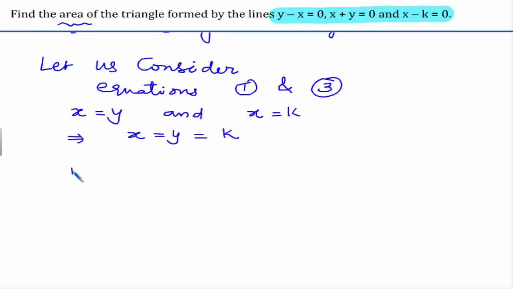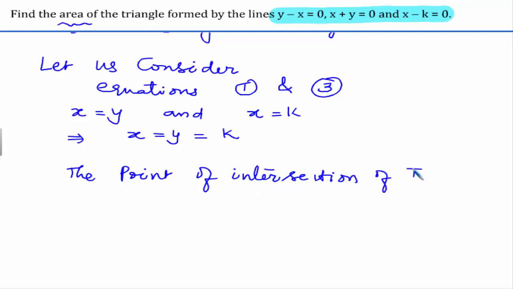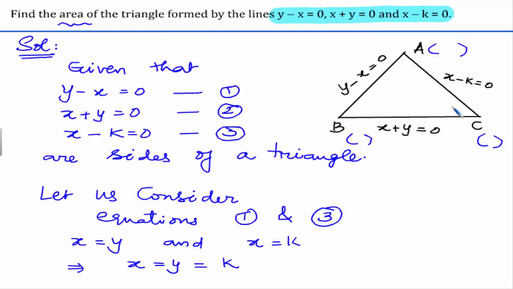So that means the point of intersection of equation 1 and equation 3 is k comma k. If we see the figure, this is 3, x minus k, and y minus x is 1. So this point will be k comma k.